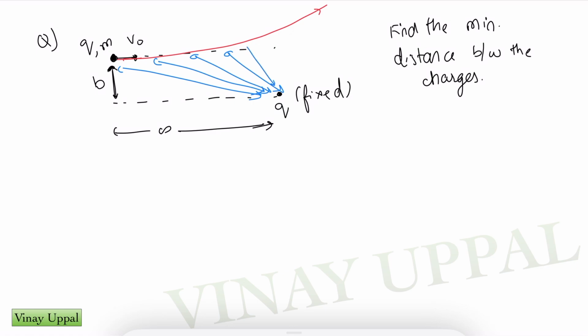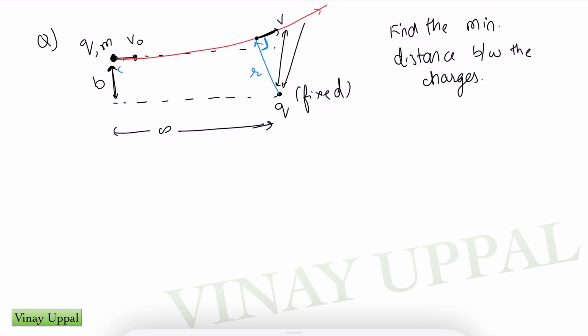These blue lines that I've drawn are the distances as the left charge travels. And at one point, the velocity of the moving charge will be perpendicular to the distance between them. That is when the distance will be minimum. After that, once again, the distance between the two charges will increase.